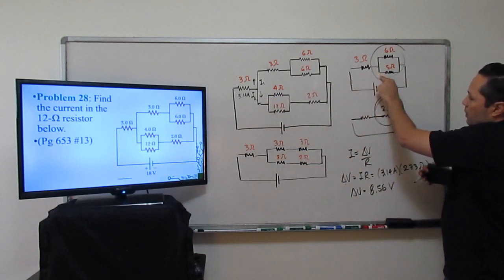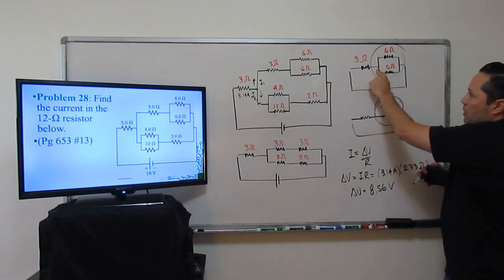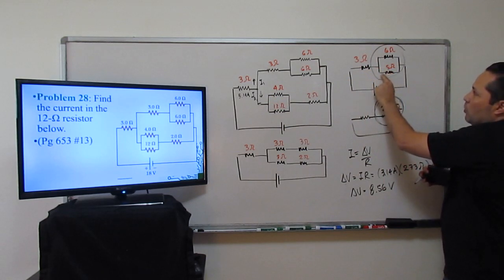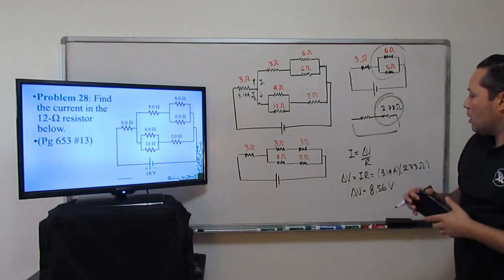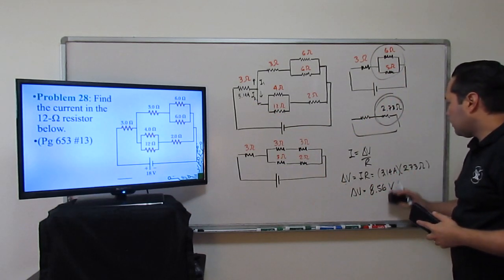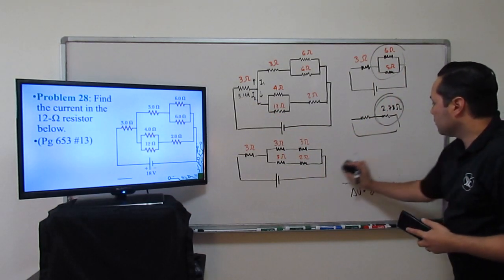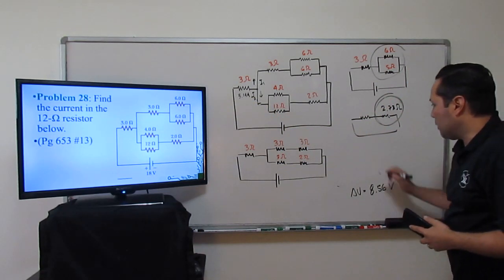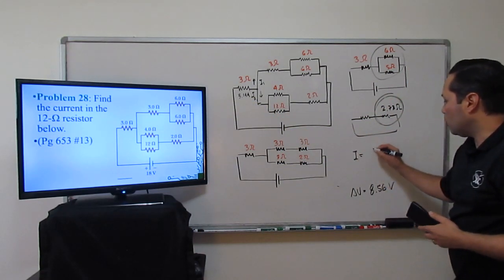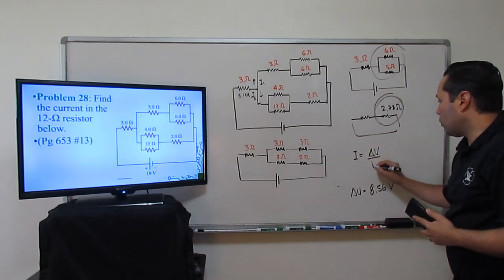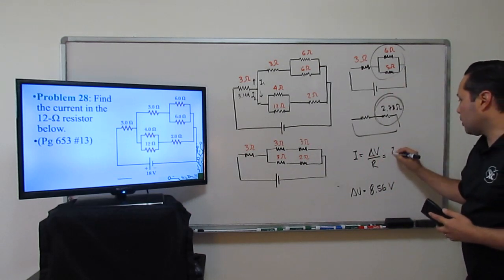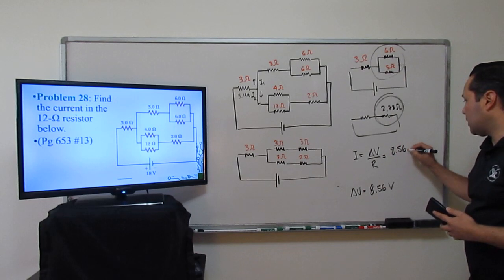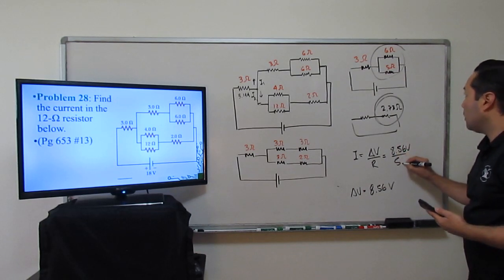So we have the potential difference for this section, but we want the current going down the junction where we labeled it I2. Current is equal to potential difference over the resistance. The resistance for that one is 5, so it's going to be 8.56 volts over 5 ohms.